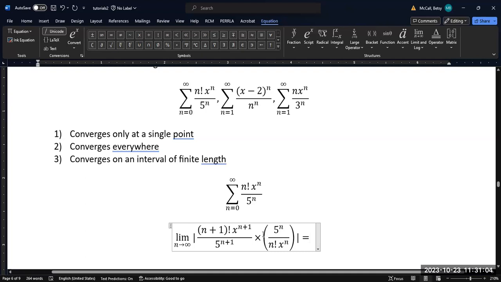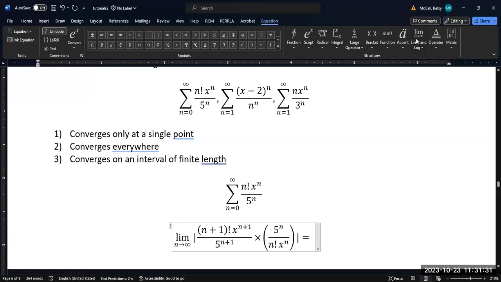All right, now when you simplify this, the 5 to the n and the 5 to the n are going to cancel, and you're going to end up with 1/5 left over. When you simplify the factorials, n plus 1 factorial is n plus 1 times n factorial, so the n factorials are going to cancel. And likewise, the x to the n plus 1 is going to cancel with the x to the n, leaving 1 x behind.